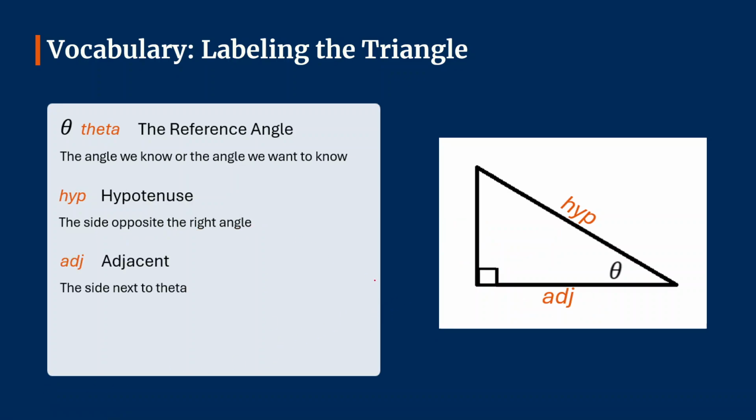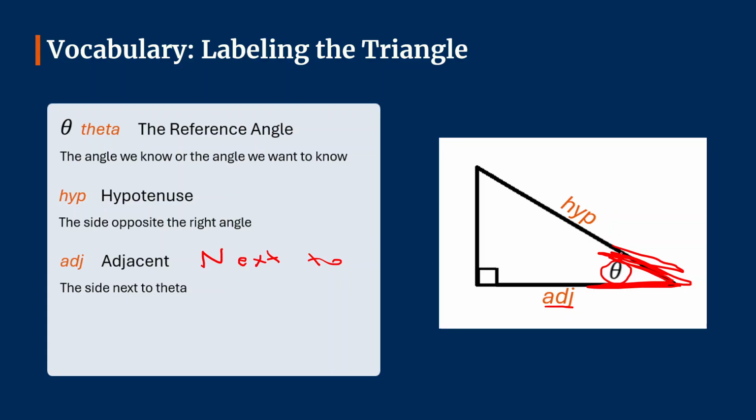So one of them is going to be called the adjacent side. And what's really important is, how do I figure out which side is adjacent? Well, adjacent means next to. I'm standing adjacent to, or I'm standing next to someone. So basically, if you look, theta is always going to be in this corner between the hypotenuse and the adjacent.